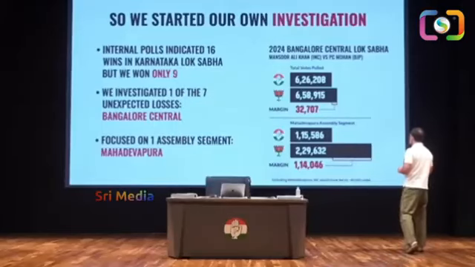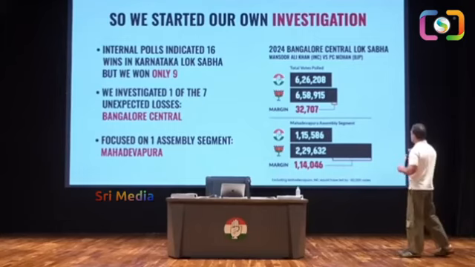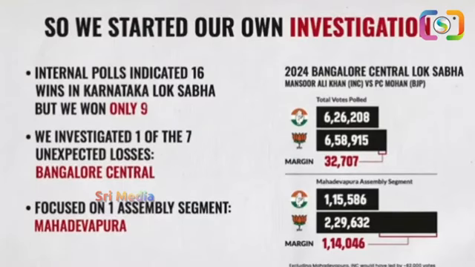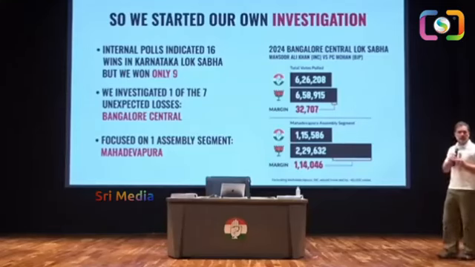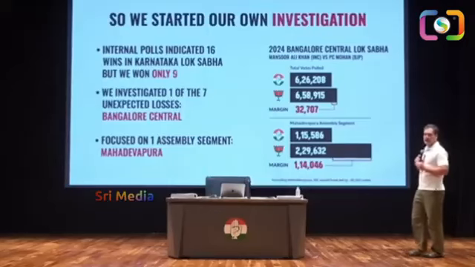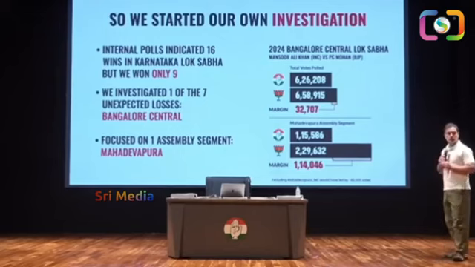2024, total votes polled, 6.26 lakhs in the Lok Sabha. BJP wins with 658,915 with a margin of 32,707. But then, the interesting thing, we look at Mahadevapura assembly segment. And the Congress polls 1,15,586 and the BJP polls 2,29,632.